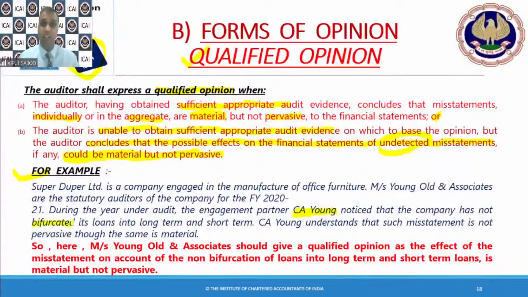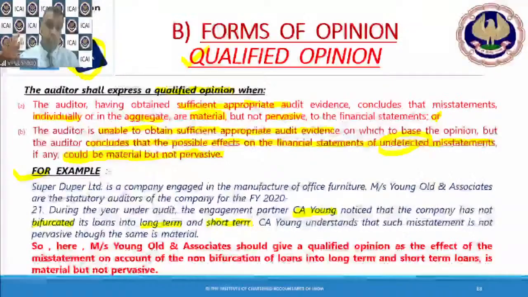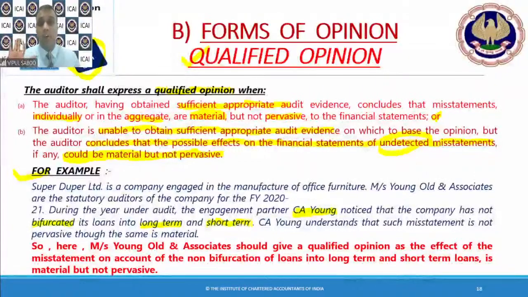Bifurcated means categorized separately, divided into long-term and short-term. In the loans and advances category, they have written the consolidated amount, not bifurcated properly.